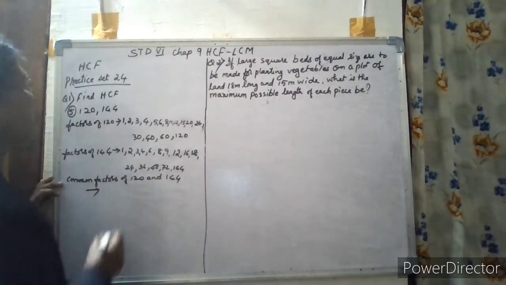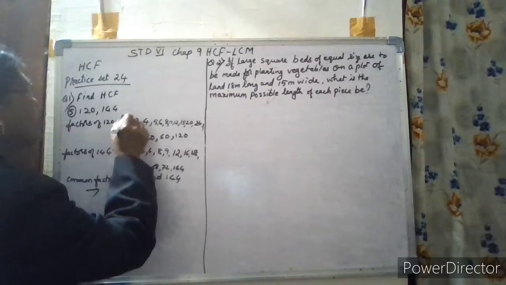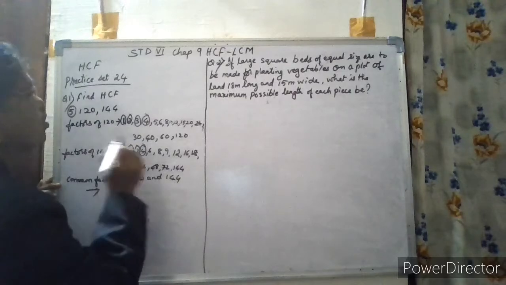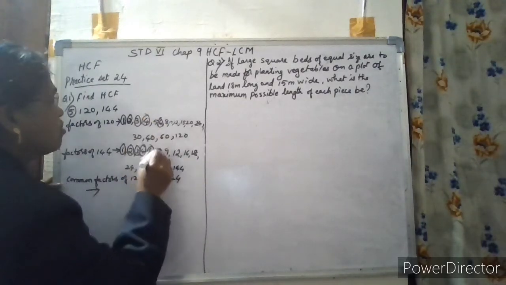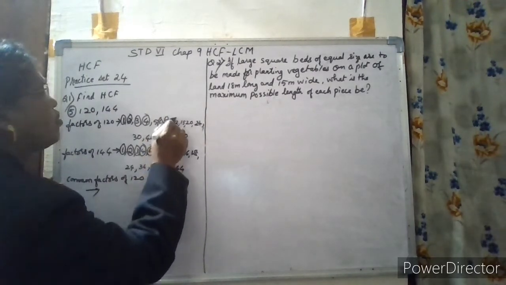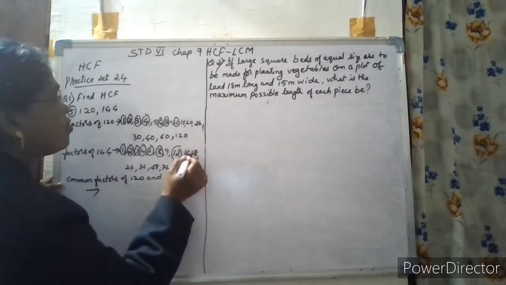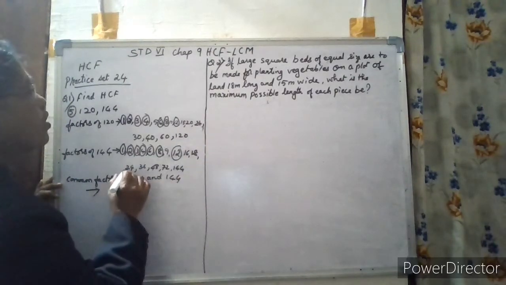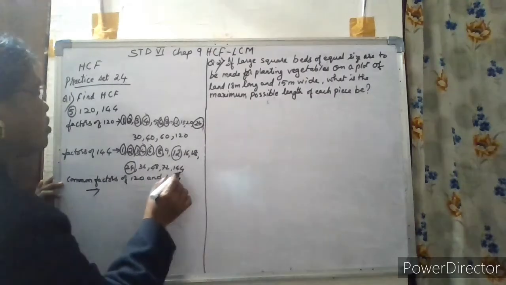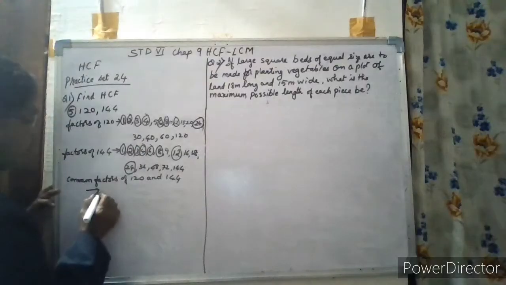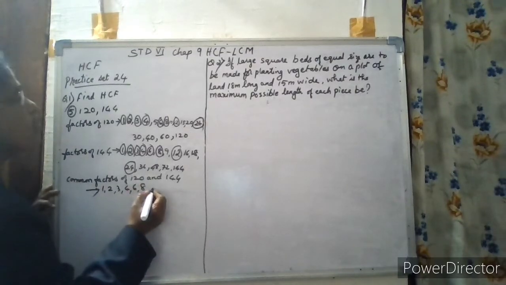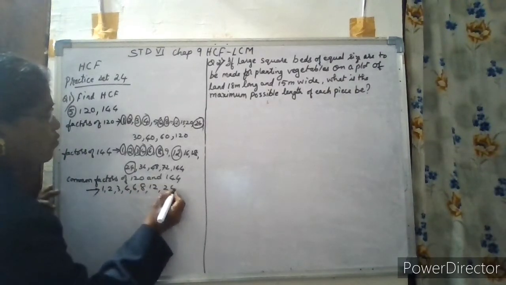See, common factors: 1, 2, 3, 4, then we have 6, we have 8, then 12. 15 no, 16 and 18 no. Then 24, we have got 24 here. After that, there's nothing common. So the common factors are 1, 2, 3, 4, 6, 8, 12 and 24.